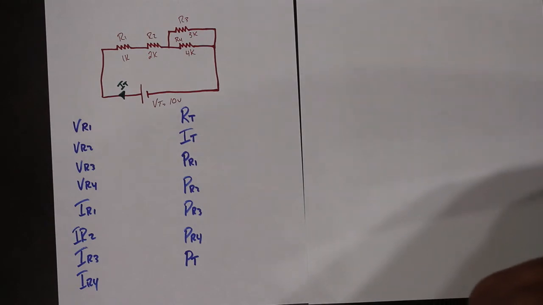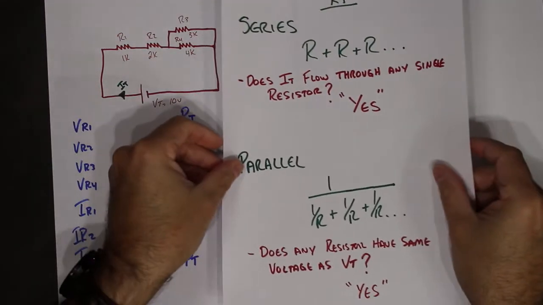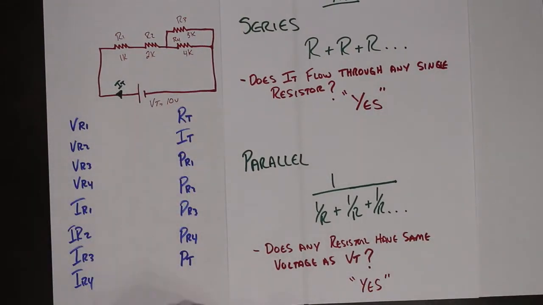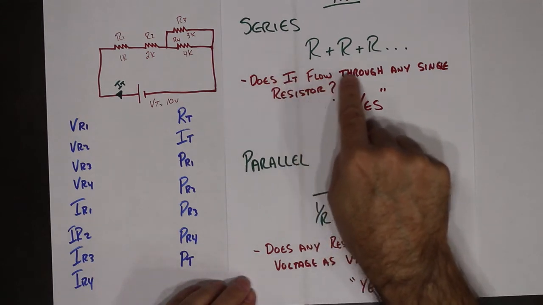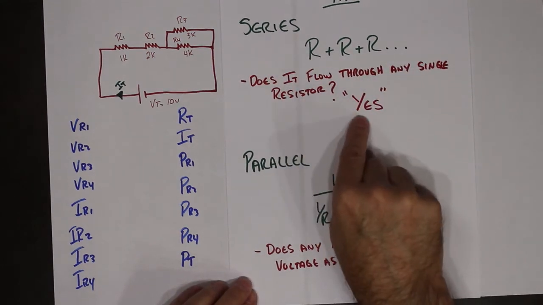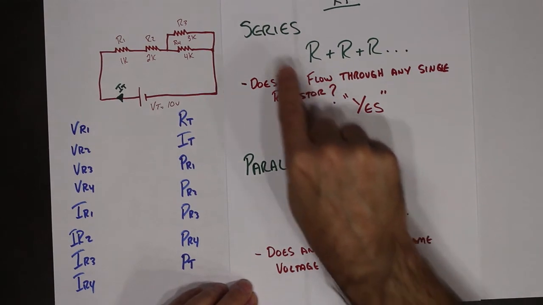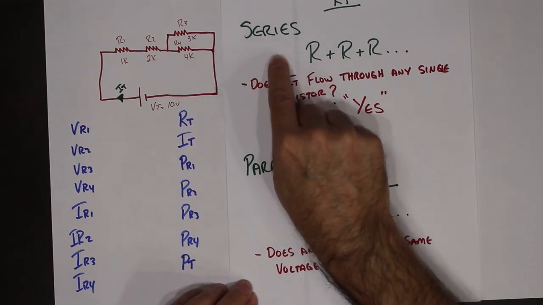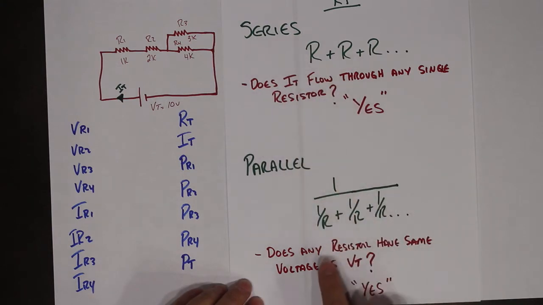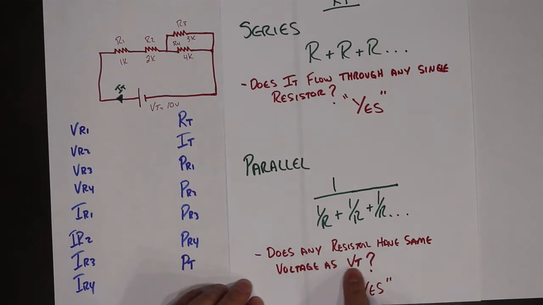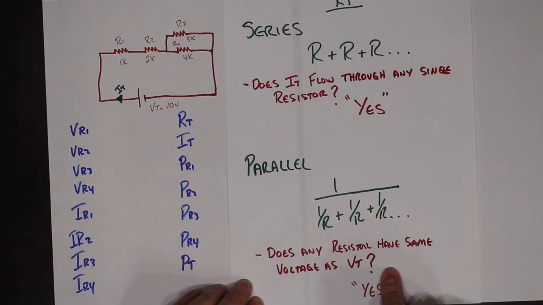If you remember, we had these questions. Does I total flow through any single resistor? If it does, then this simplifies to a series circuit. If it does not, we move on to the next question. Does any resistor have the same voltage as the total? If the answer is yes, then this becomes a parallel circuit. If you answer no and no, then this becomes a more complex circuit to solve.